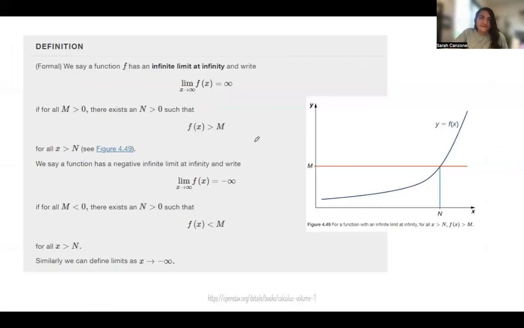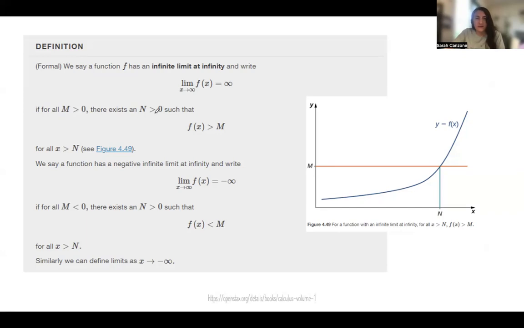All right, this is the same idea. Again, don't think that you have to know this. This is just for your understanding. This is the formal definition of an infinite limit at infinity. So you can have the same idea, but now our limit isn't a number, it's infinity. So instead of having an epsilon greater than 0, because epsilon is typically a very small number, we're just going to say we have an m greater than 0 because we don't know what m is.